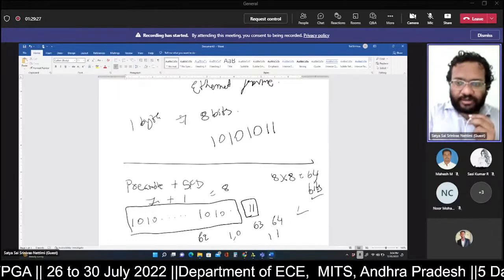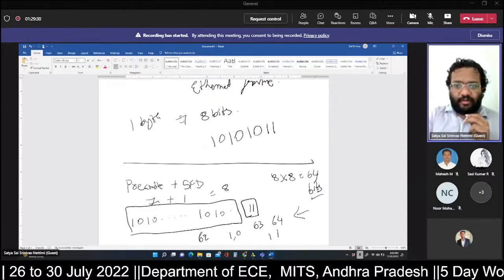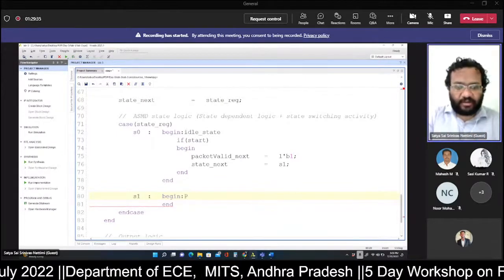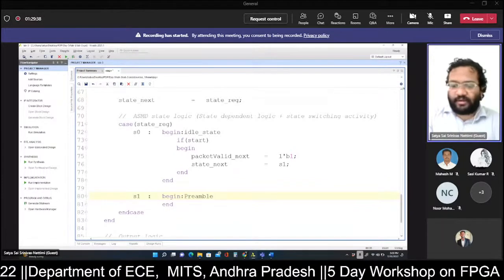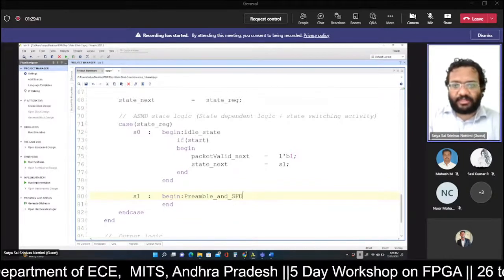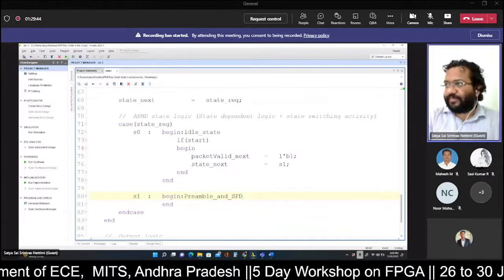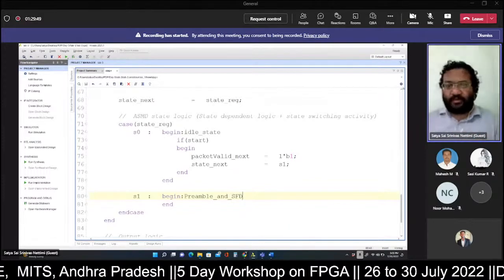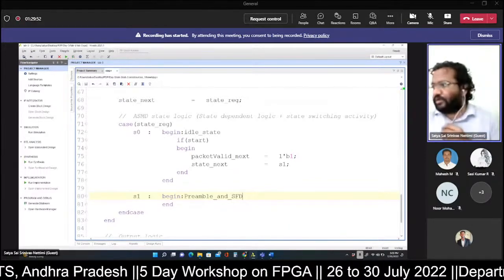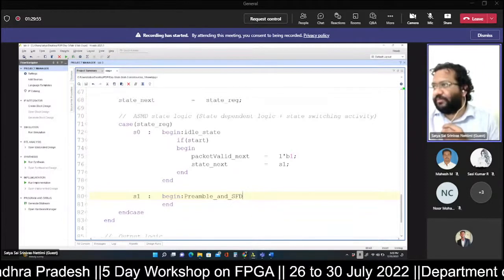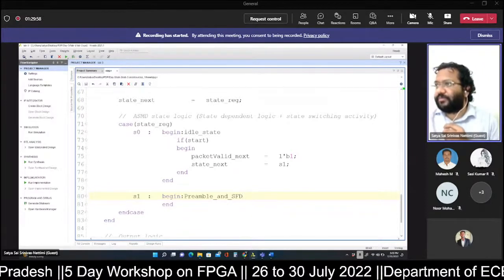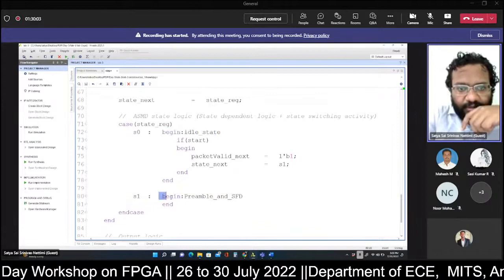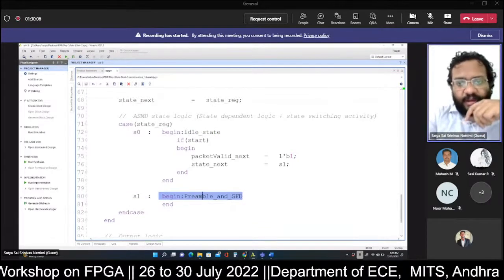So we try to generate this pattern in the code. For that, in the S1 state, we are dealing with preamble and SFD generation. If you closely observe, from the S0 state we are jumping into the S1 state to generate the preamble and SFD.